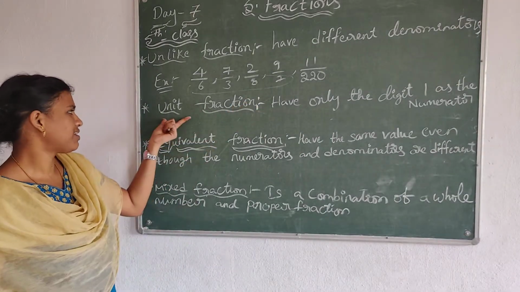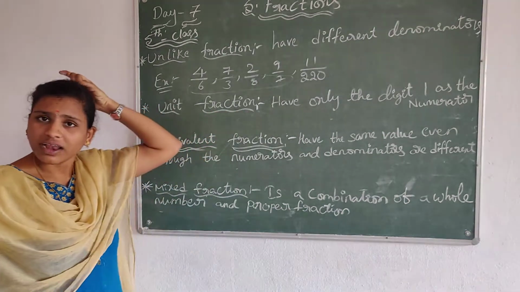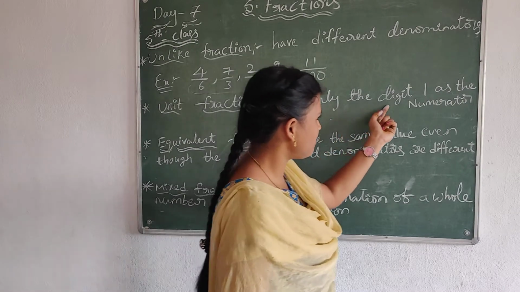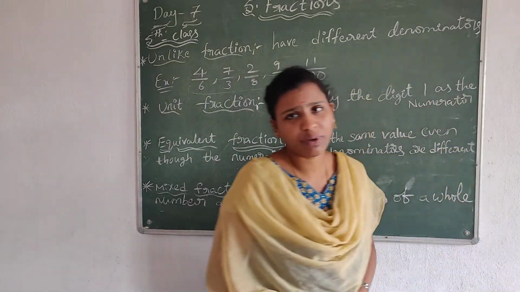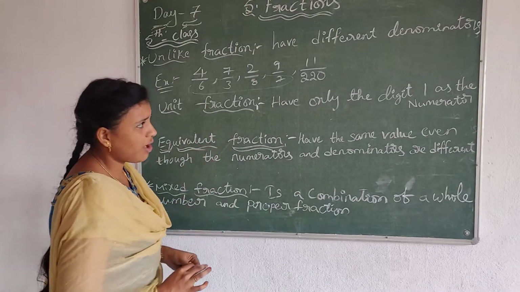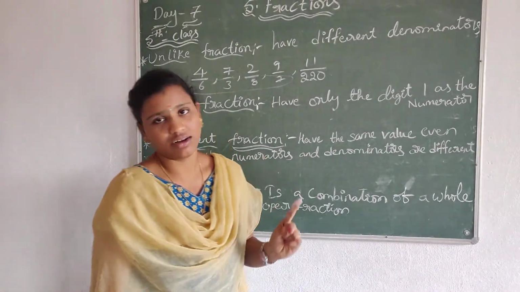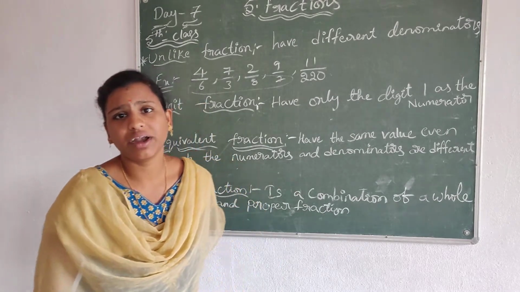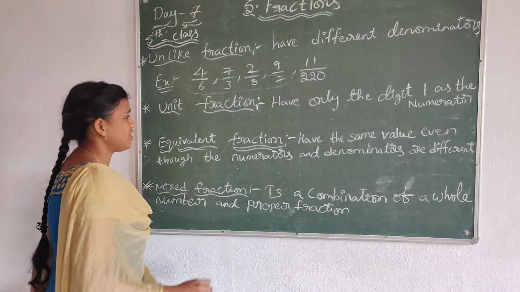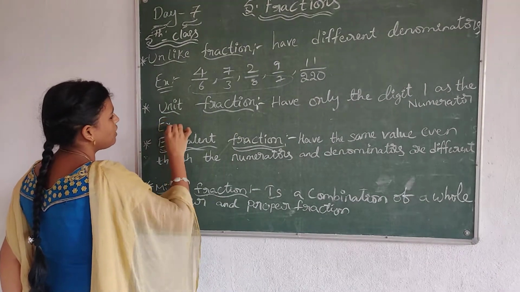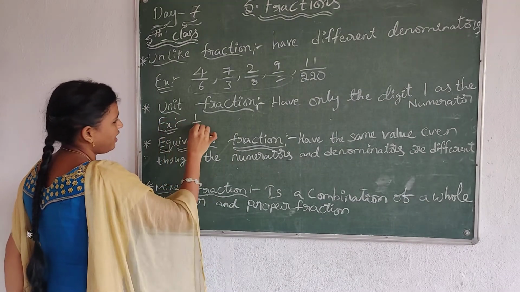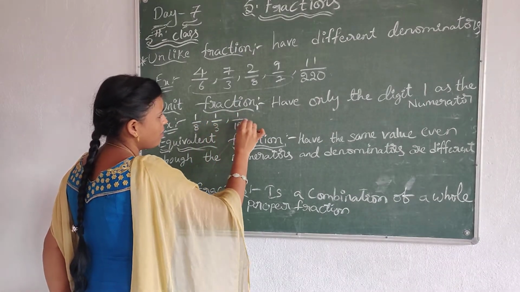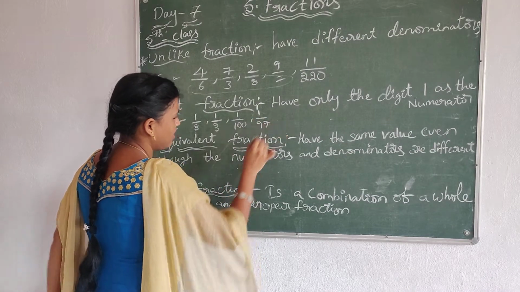Okay, now let's come to the unit fraction. Unit fractions have only the digit 1 as the numerator. Okay, it has a numerator 1 in every fraction. So, take an example: 1 by 8, 1 by 3, 1 by 100, 1 by 97.